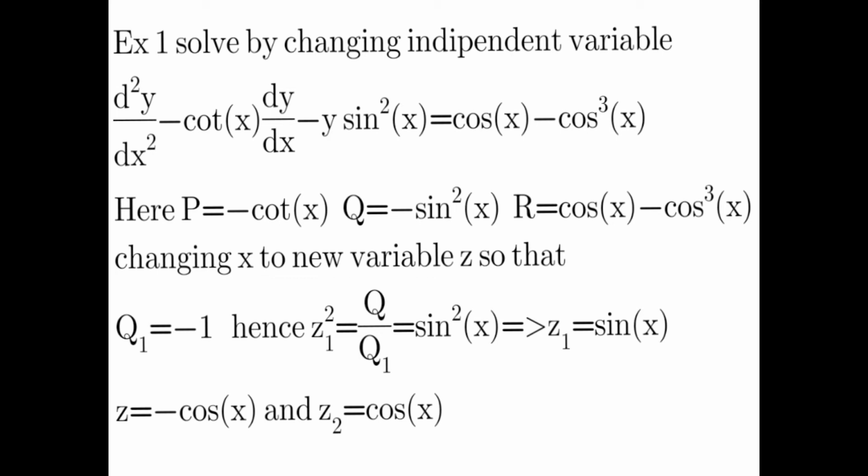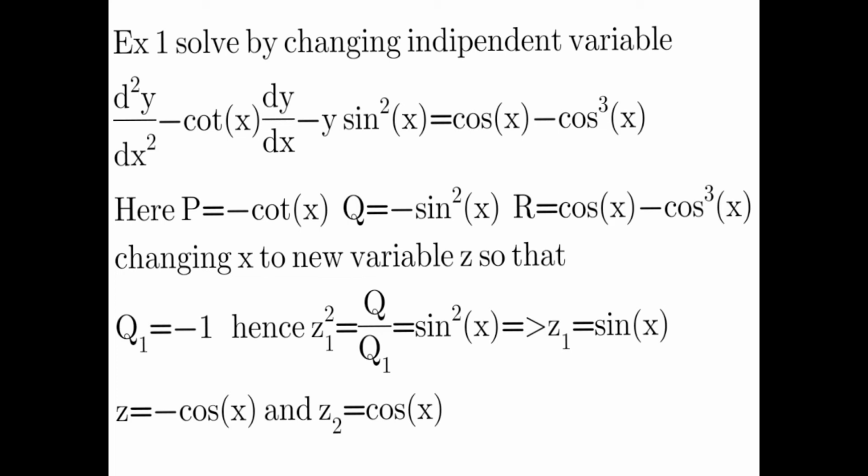Hence by the equation q1 is equal to q divided by z1 square, we see that z1 square is equal to q divided by q1, or we have z1 square is equal to sin square x, and this implies z1 is equal to sin x.